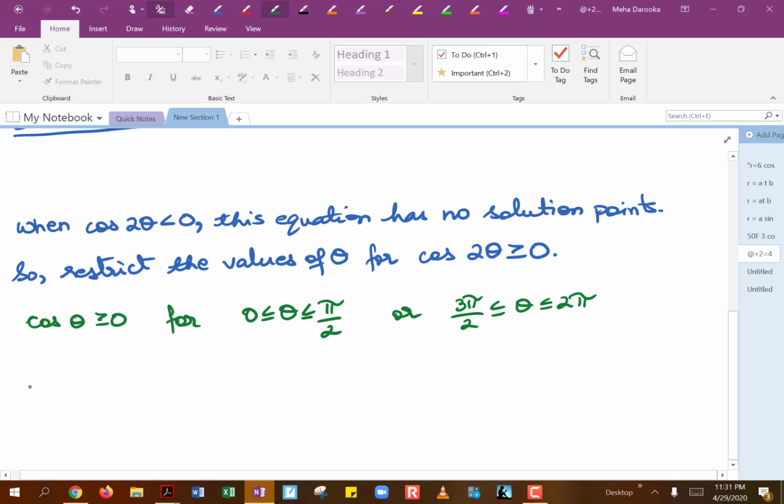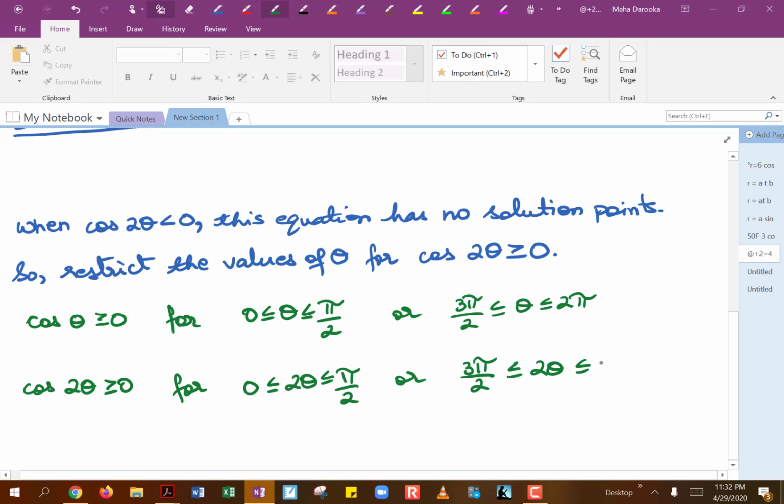So now to translate this for cosine of 2 theta, we would have to do 0 less than or equal to 2 theta less than or equal to pi halves, or 3 pi halves less than or equal to 2 theta less than or equal to 2 pi. But then we would need to divide everything by 2, which would be the same as multiplying by 1/2.